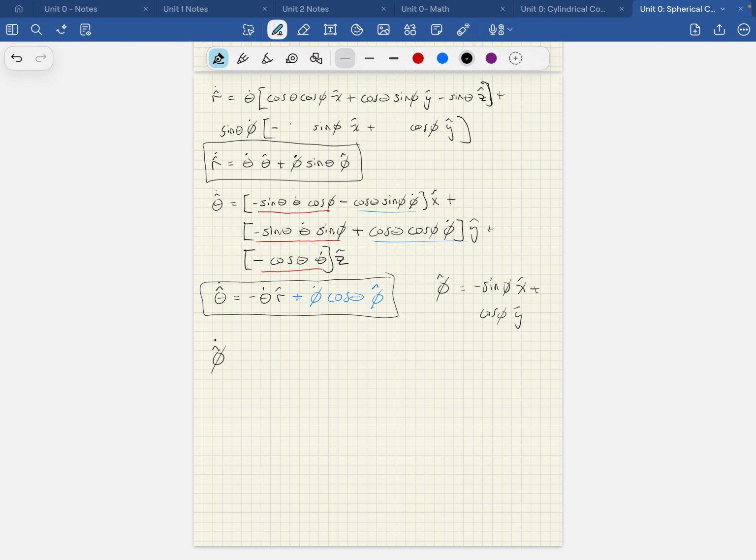Phi hat dot is equal to minus cosine phi, phi dot x hat. Derivative of sine is cosine, so minus cosine phi dot, minus derivative of cosine is negative sine phi dot y hat.